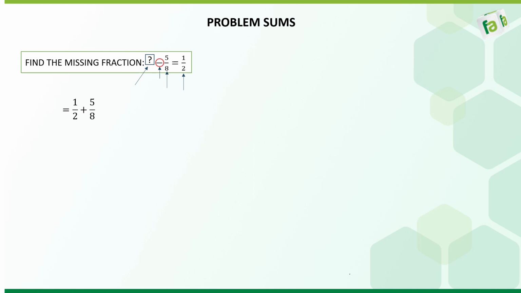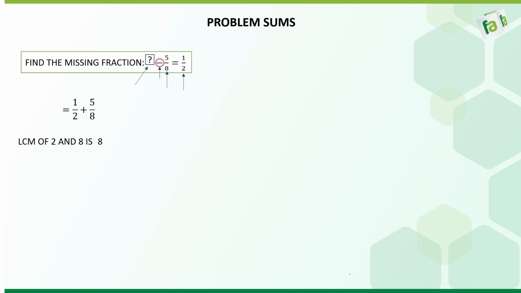Now, we have to find the LCM of denominators 2 and 8. So, what will be the LCM of 2 and 8? The LCM of 2 and 8 is, yes, 8.